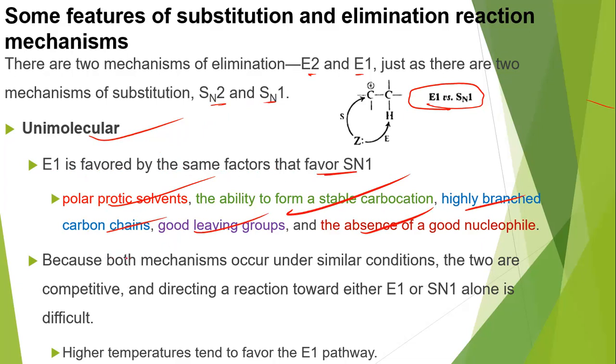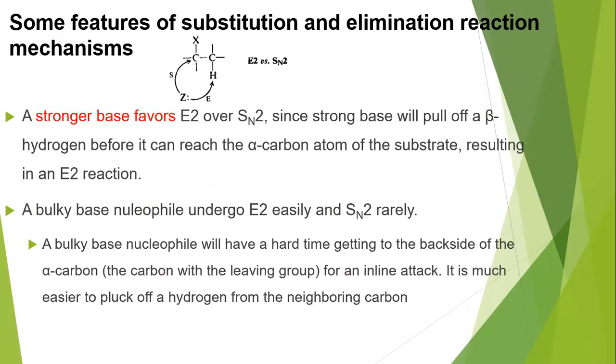But then we are saying, because both mechanisms occur under similar conditions, the two are competitive, and directing a reaction towards either E1 or SN1 alone is difficult. Now, what can help us decide is that if we want to follow E1, then we have to increase the temperature, because higher temperature favors E1 pathway. Very simple. Good. Now we are comparing E2 and SN2.